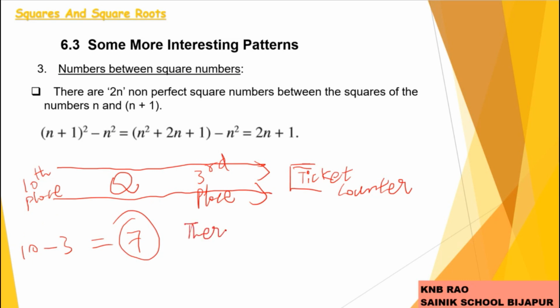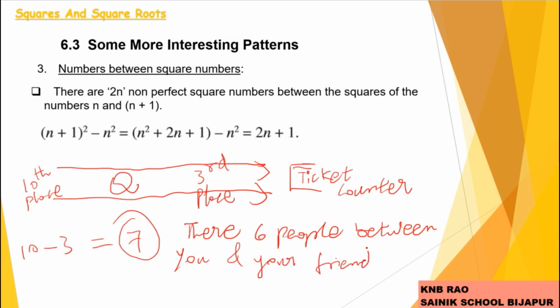There are 6 people between you and your friend. So this is the simple logic which we use. How to count? 10 minus 3 gives 7, and one less than that gives the number of people between those two.